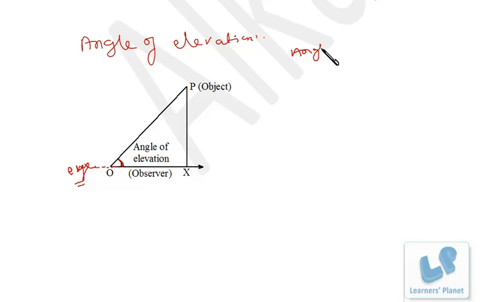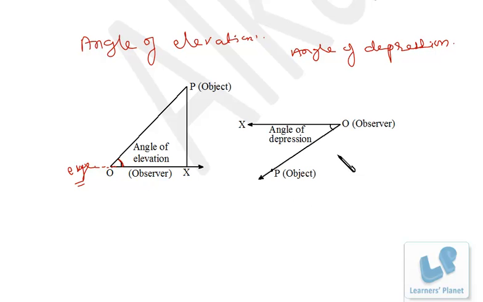Similarly, we have angle of depression. Suppose the observer is here, this is his eye line, and he is looking at an object that is below, or we can say on the ground, then this angle will be the angle of depression.